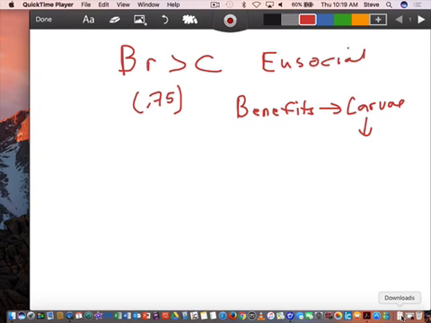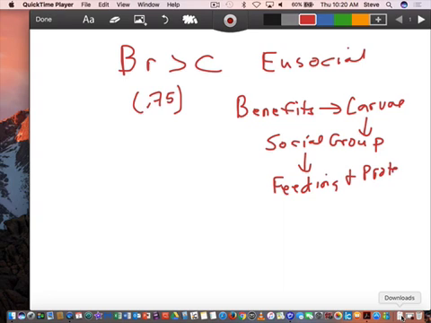By being in this social group, there are a lot of individuals there to help the offspring. They feed them, they care for them. In that social group, you get a lot of benefits. It boils down to feeding and protection against predators.